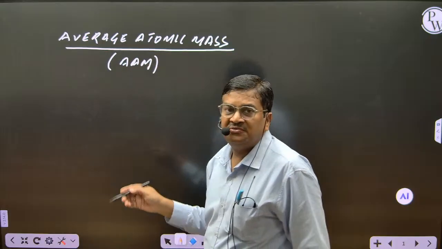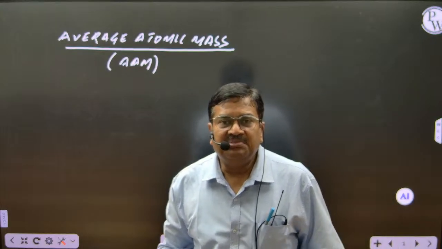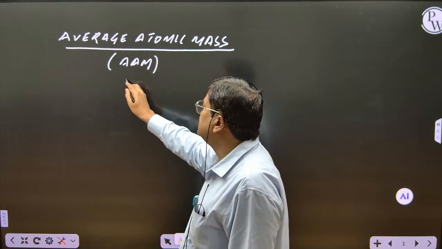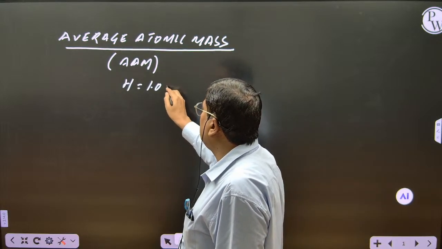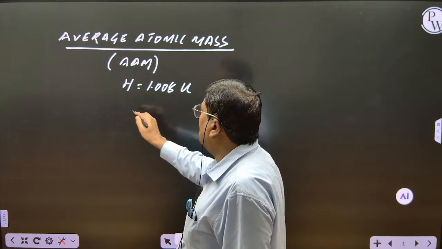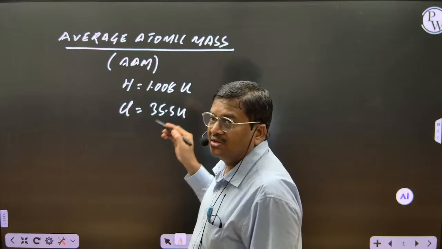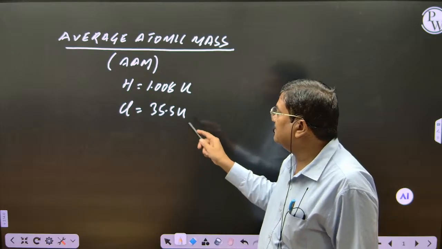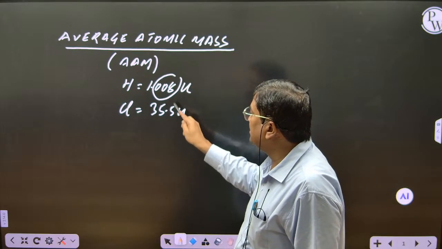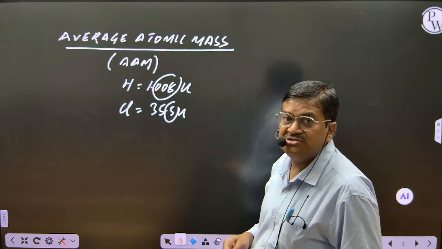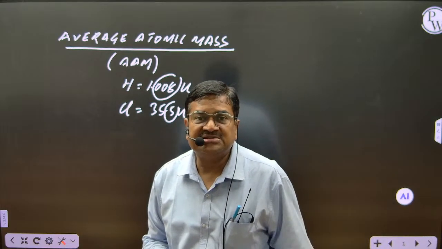Yesterday I told you that in the periodic table, hydrogen is mentioned as 1.008 U, and chlorine is mentioned as 35.5 U. And yesterday we discussed why we are getting fractions like 0.008 or 0.5. It is due to the presence of isotopes.